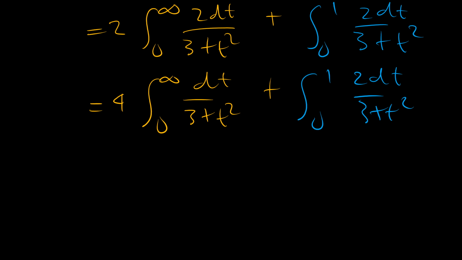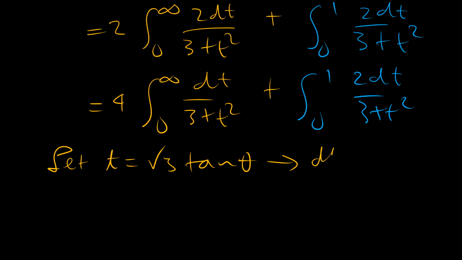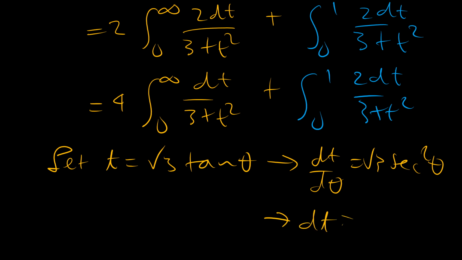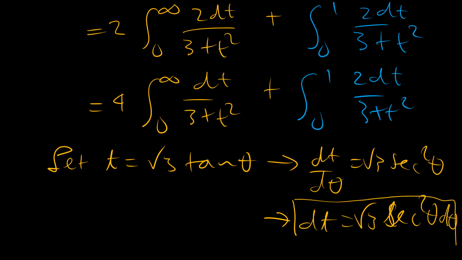So we can do another quick substitution by letting t be equal to root 3 tangent theta, so that dt d theta is equal to root 3 sec squared theta, and therefore dt can be written accordingly. Then we look at the limits, we have t and we have theta.